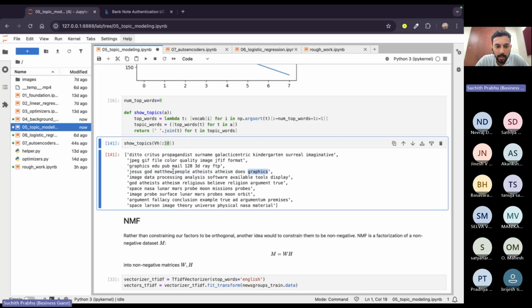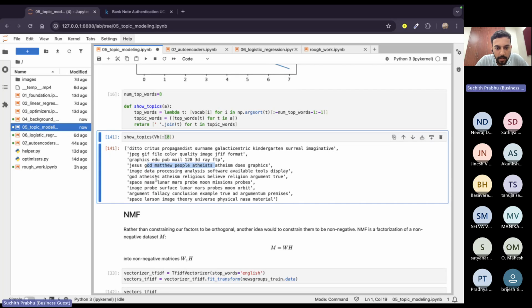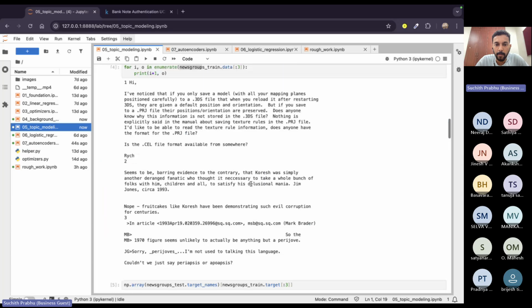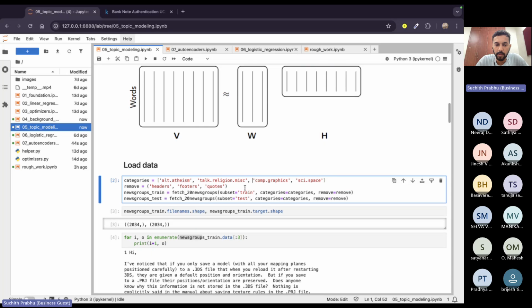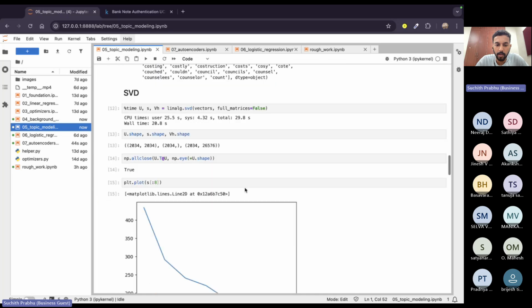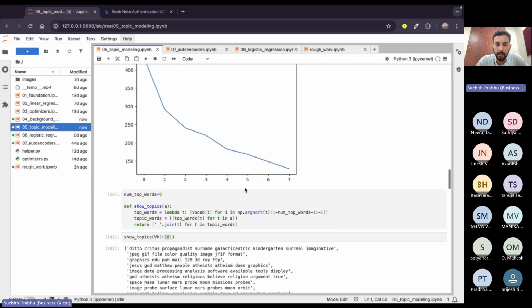It's a combination, but mostly religion. This again is about God, atheism. This one is about space. So we are able to recover the topics, and looking at the words, we can see what the documents are about. We just chose four topics, and nowhere used this, but we were able to recover them by doing this decomposition.